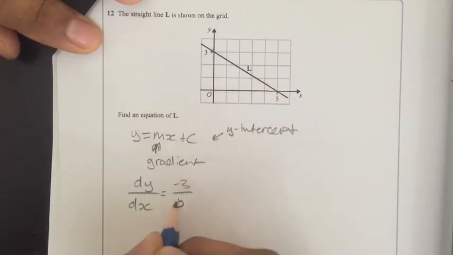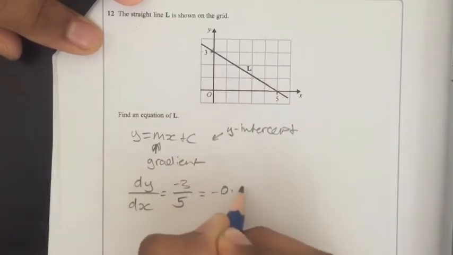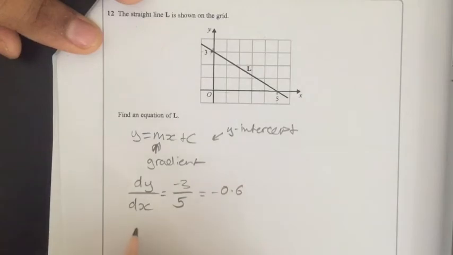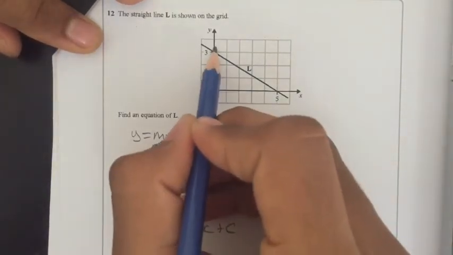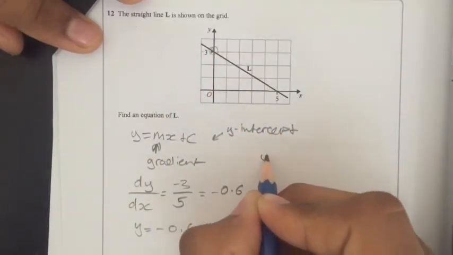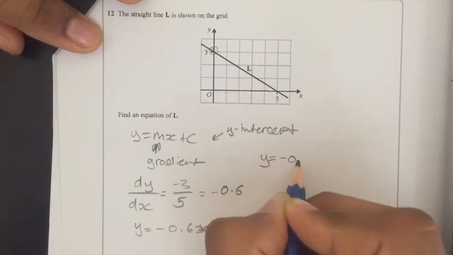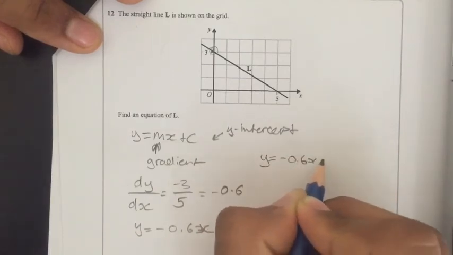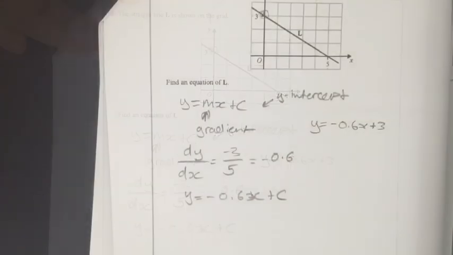So -3 over 5 gives us -0.6. So currently we have y equals -0.6x plus c. c is just the y-intercept, and we can see it intercepts at 3. So our equation of the line is y equals -0.6x plus 3.